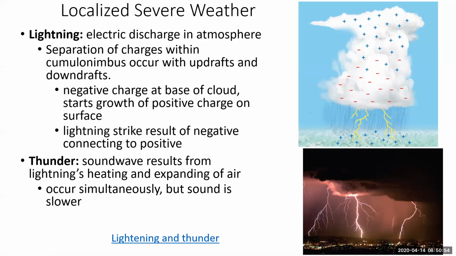Now, what usually happens with thunder is sound waves that are happening as a result of that electrical charge. They happen at the same time, except that lightning travels at the speed of light, 300,000 kilometers per second, something like that, real fast, whereas sound travels a lot slower.